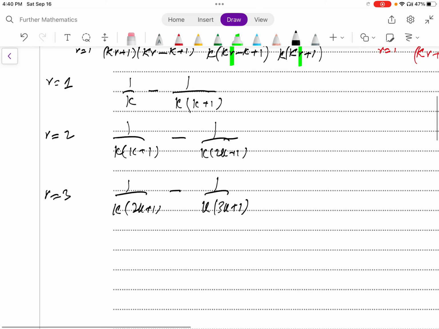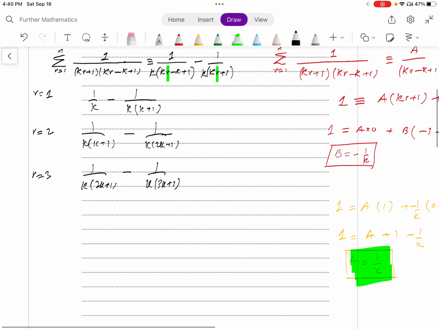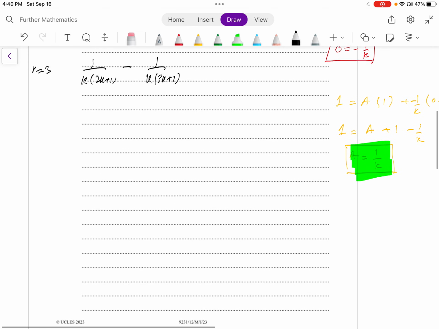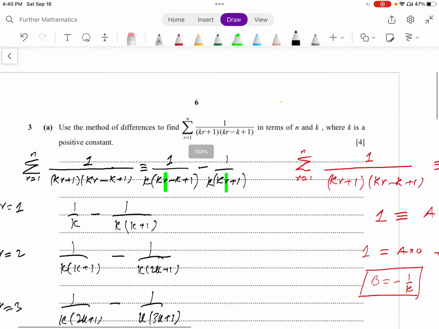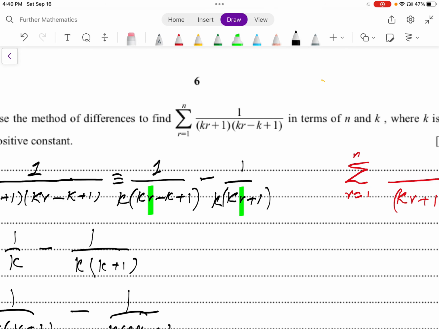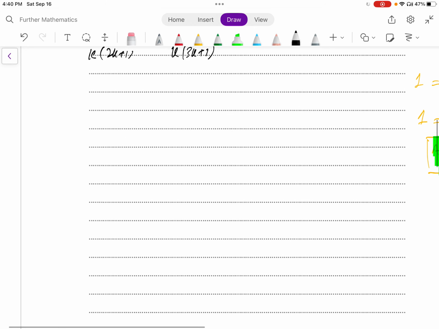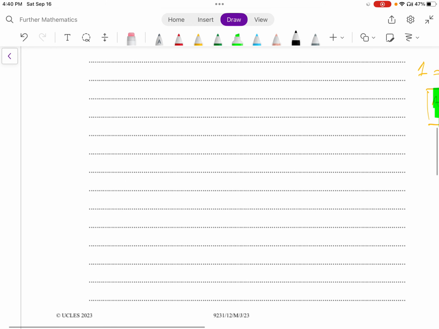So these are the three initial values, and we have to plug in the last value as well, which is r equals n. In the summation, we can see that r starts from 1 and goes till n, so we have to plug in r equals n.